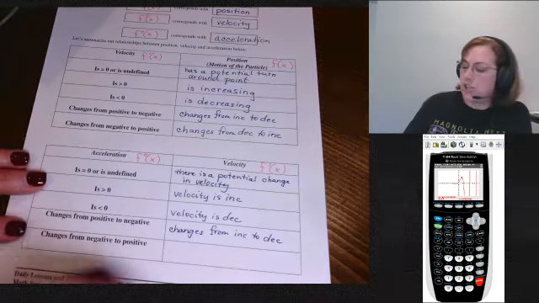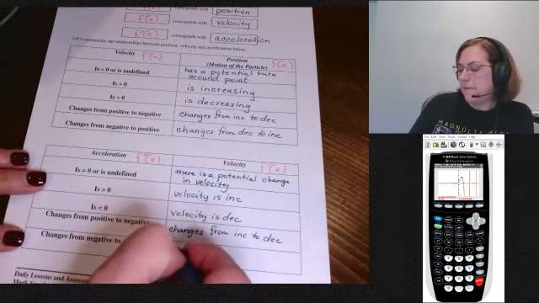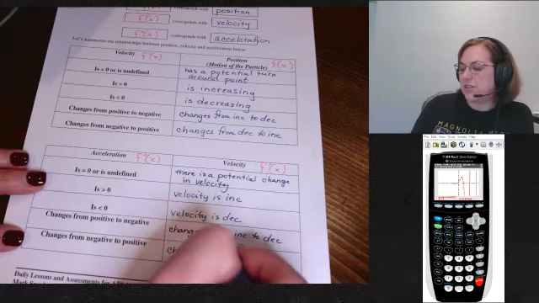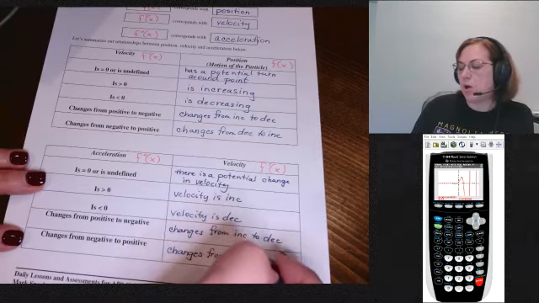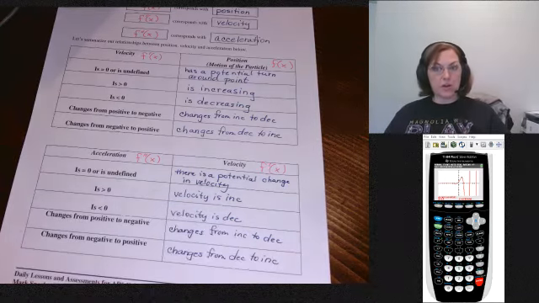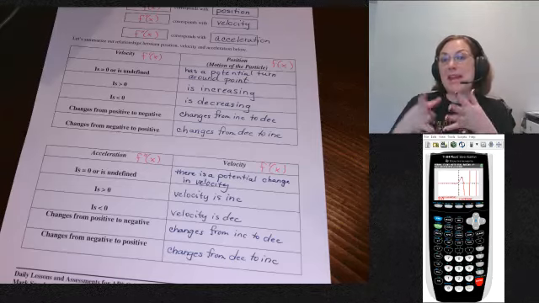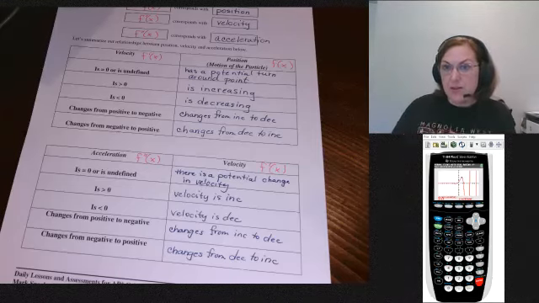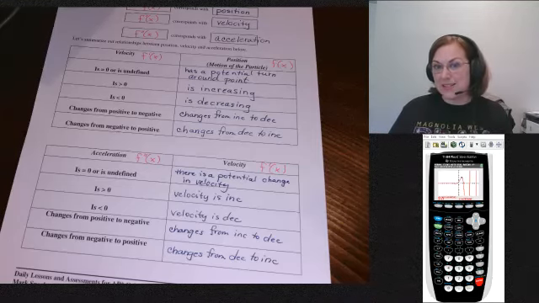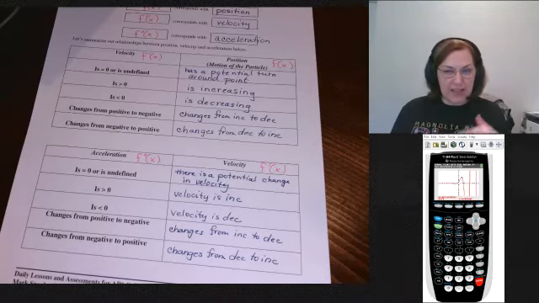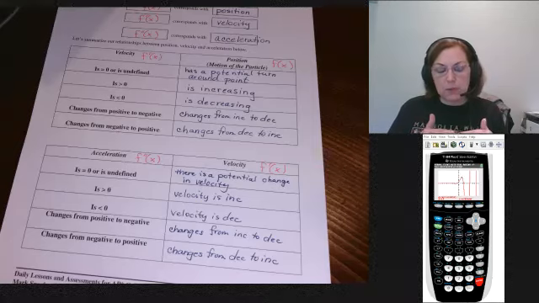And if acceleration changes from a negative to a positive, then velocity changes from decreasing to increasing. Okay, all those same connections we had with curve sketching are going to apply with our particle motion. We may call them something different, but we are going to be processing it the same way, analyzing the same way. So I hope that starts to kind of get us thinking about particle motion.